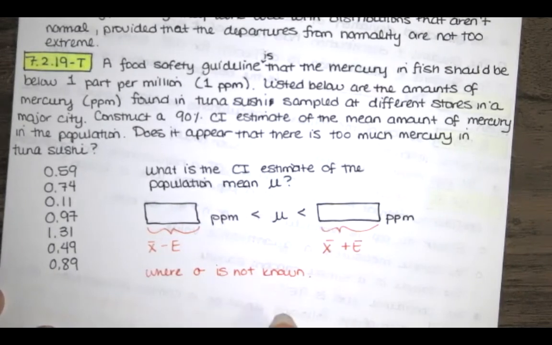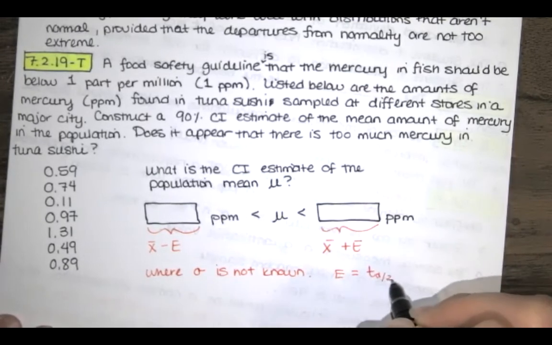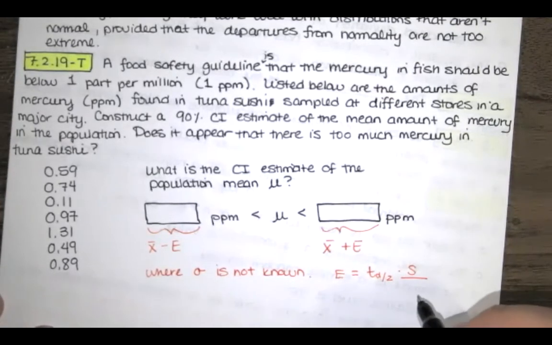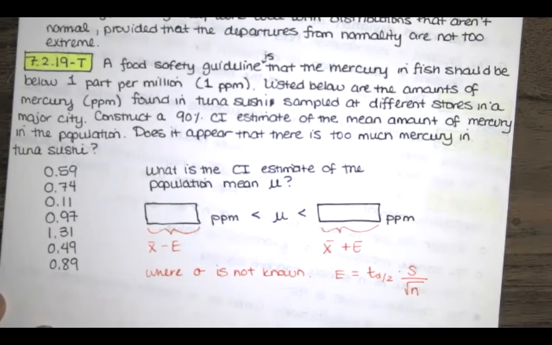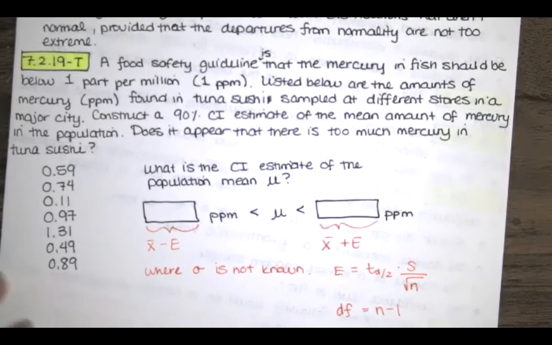In this case, we use E equals this. This is our margin of error. It's t sub alpha over 2 times the standard deviation of our sample divided by the square root of the sample size. And we're going to have to use the student t distribution in order to find that t value. And the degrees of freedom are given by n minus 1.